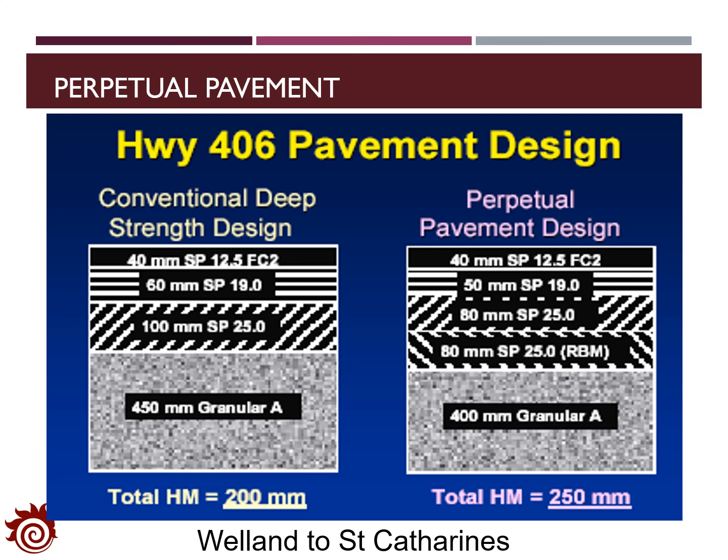For these 2 designs, the total depth of the asphalt concrete in conventional pavement is 200 millimeters, and it's 250 millimeters for perpetual pavement.